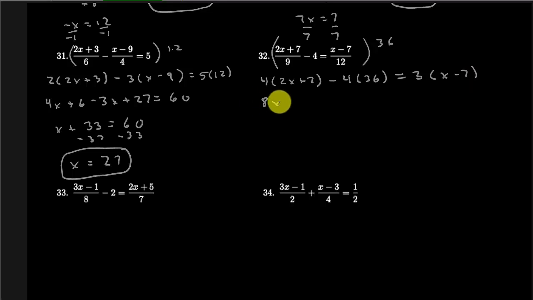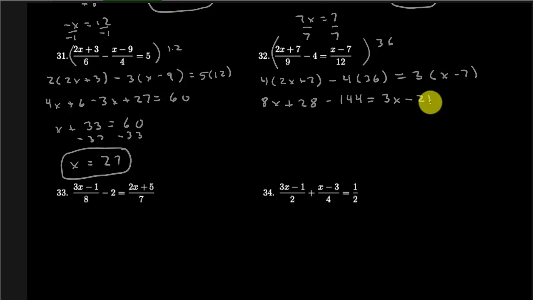And so that's going to be 8x plus, what was that, 28. 4 times 36, I'm going to have to punch that in the calculator. That's minus 144 is equal to 3x minus 21.